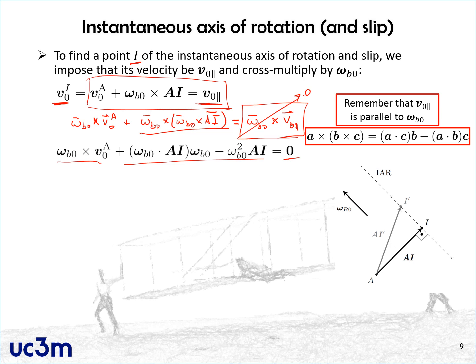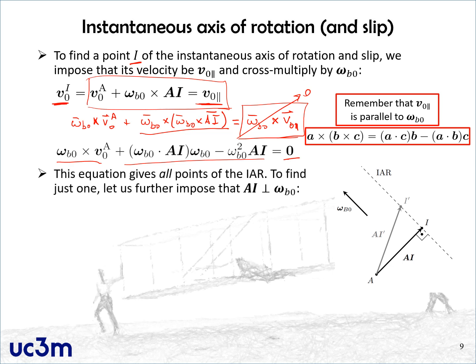Now this expression is the one that allows us to find any point I on the instantaneous axis of rotation and slip. So this is an equation that is satisfied by, for example, this point I prime. If you put into that equation the vector I prime, it will satisfy this equation.